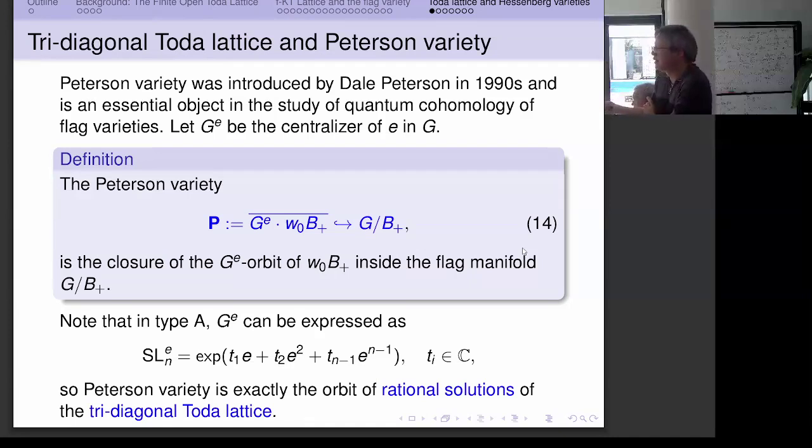1997, I think Dale Peterson gave a course at MIT. So he proposed that the quantum cohomology of flag variety is actually just the coordinate ring of another variety, what the later people call the Peterson variety. Of course, he doesn't call it the Peterson variety.